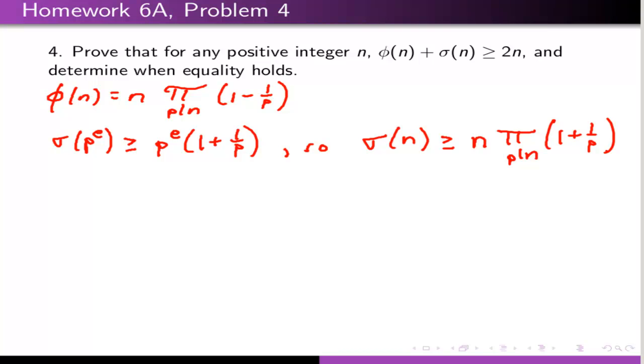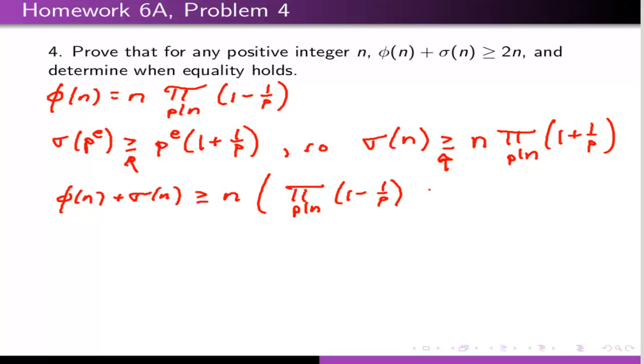You're going to have to prove these two inequalities here, but then use those and then add phi and sigma together. So you'll have a product over the prime divisors of n of 1 minus 1 over p, plus the product over the prime divisors of 1 plus 1 over p.